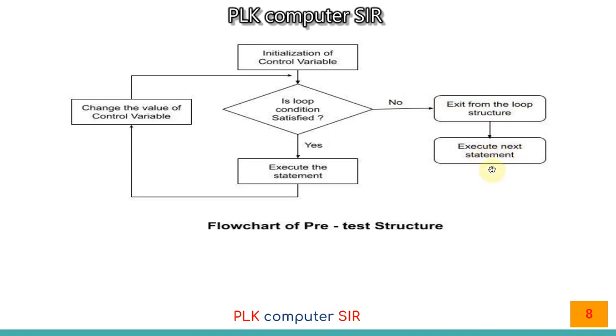That's why it is called pre-test. Means before executing the statement, the condition will be checked whether it is satisfied or not. It means when the condition is false, then even one time the statement will not be executed, because if the condition is false, it directly comes here and exits from the loop.